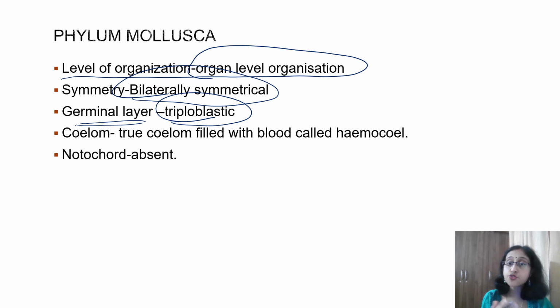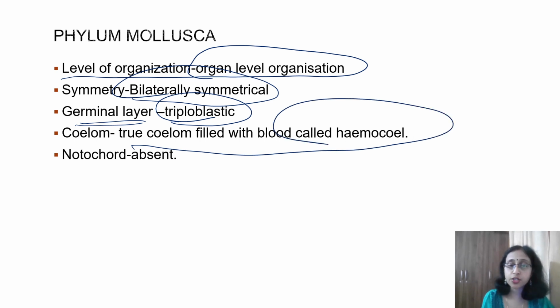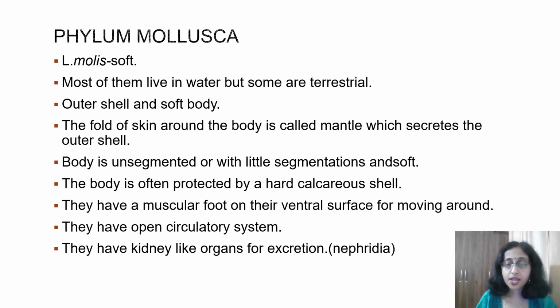Yes, they have a true coelom filled with blood, called the hemocoel. As they are non-chordates, the notochord is absent. Now move on to the general characteristics of phylum Mollusca.